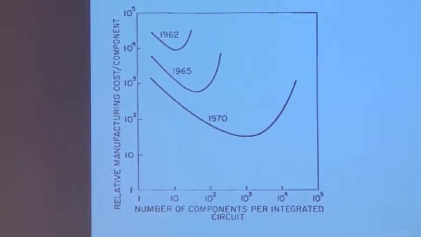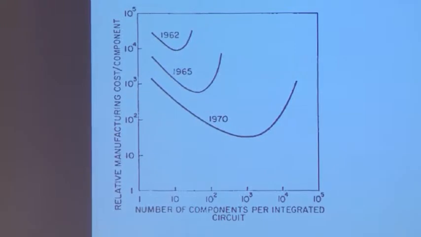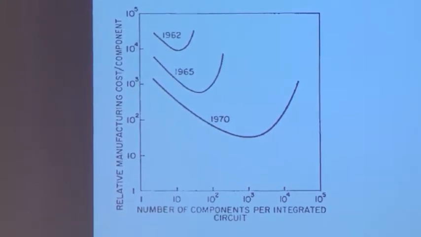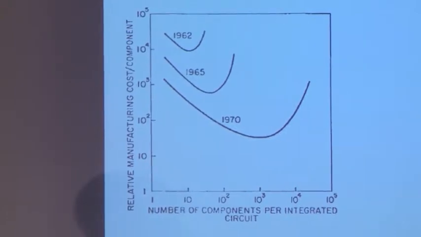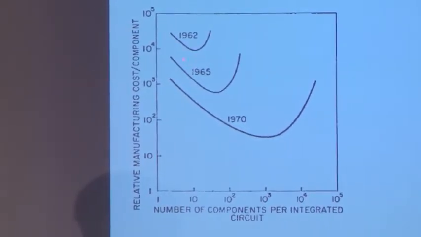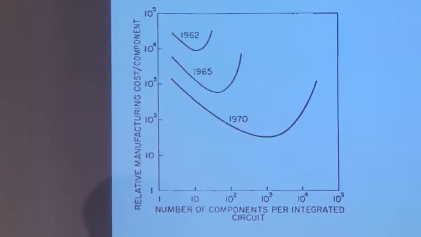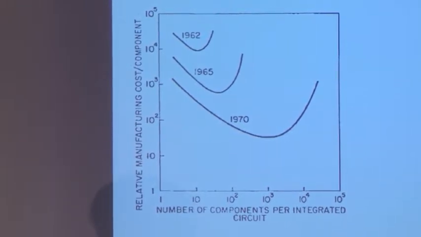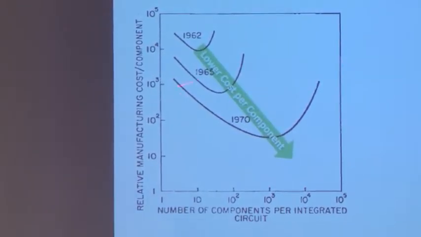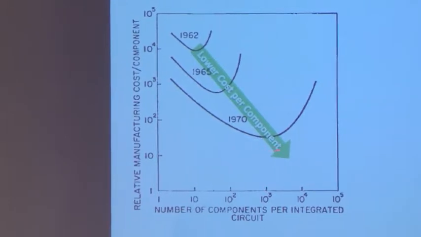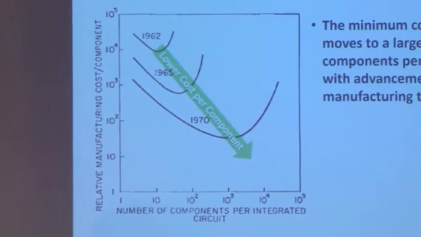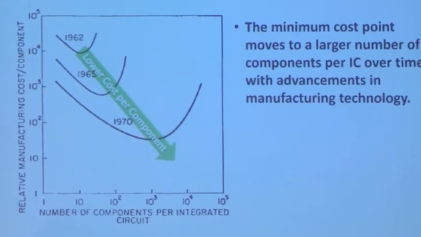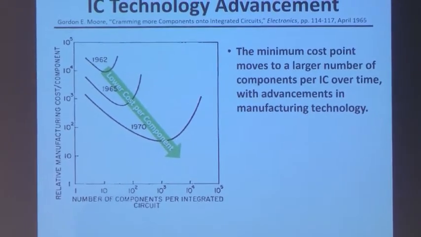But if you try to fit too many transistors on a substrate, in other words, fabricate them to be too small or packed too tightly, the manufacturing yield starts to degrade, and that causes the cost to eventually come up. So there's always some minimum cost point for any generation of manufacturing technology, and over time, that minimum cost point has moved to higher levels of integration. So fundamentally, Moore's Law is an economics law to lower the cost per component.